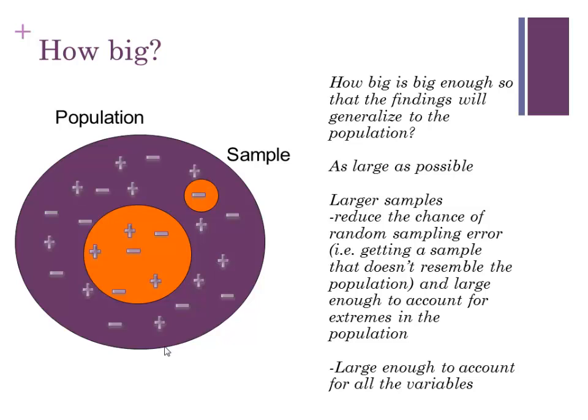So you can see if we have too narrow or too small of a sample, frequently we will not achieve the goal of a representative sample. So ideally, in general, the larger the sample, the better.